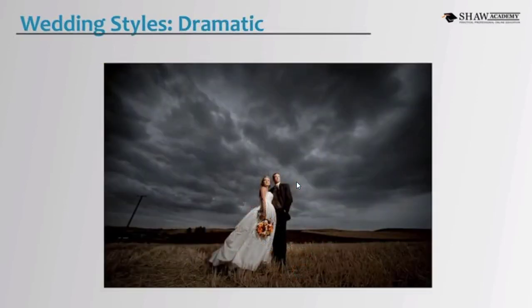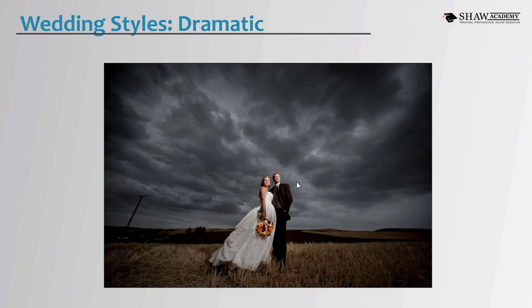But in direct contrast to that kind of romantic feel is this dramatic style. So very often this is actually utilising quite a dramatic landscape or a dramatic setting. In this particular example, we can see a very dramatic dark sky in the background. The posing's much more stylized, almost has a fashion feel to it.